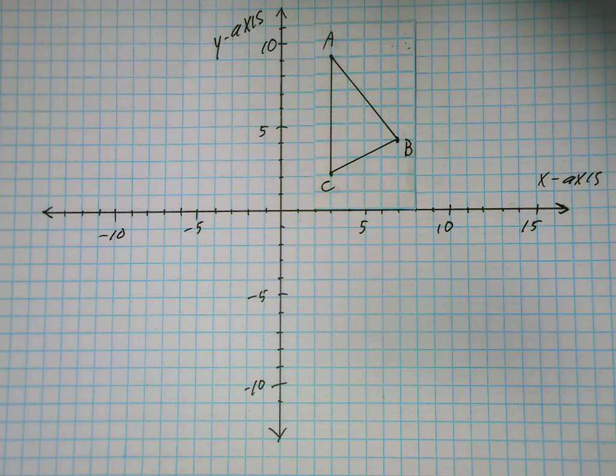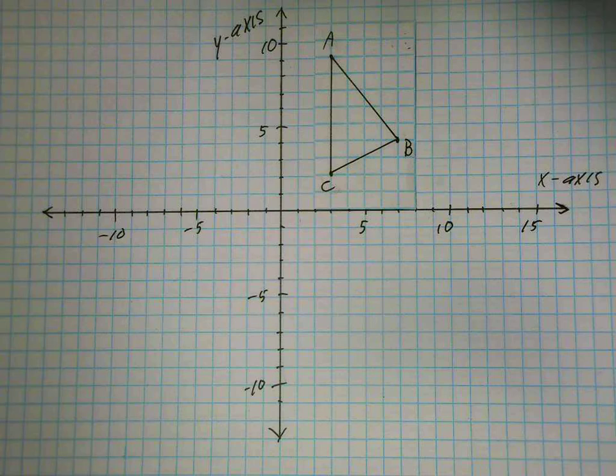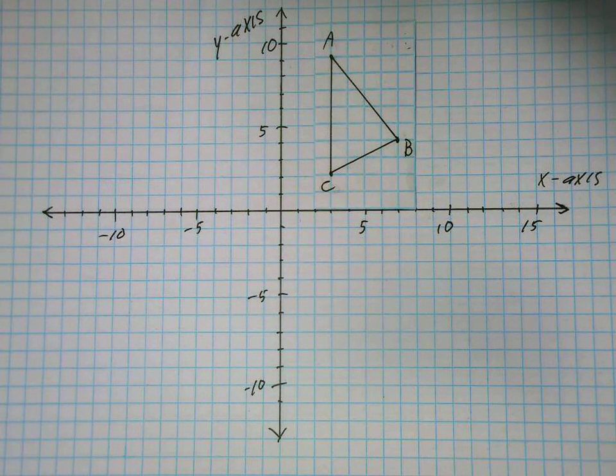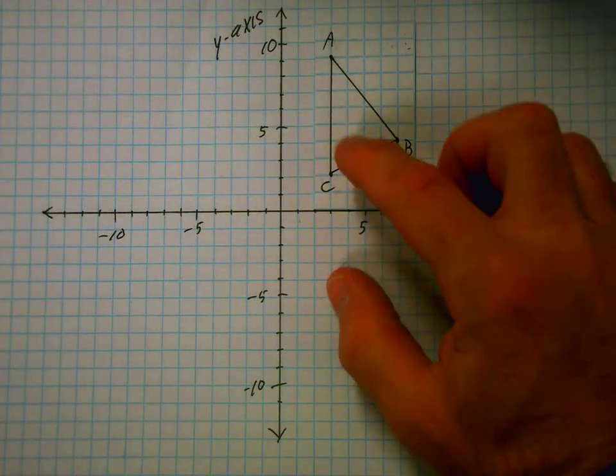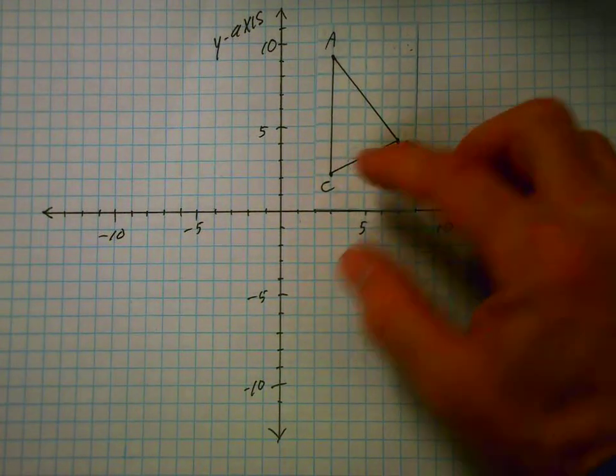So here we have a coordinate plane, and we have triangle ABC drawn on that plane. This is going to be our pre-image, and the image that we draw after our reflection is the image, right? The way that reflections work is kind of like a mirror.